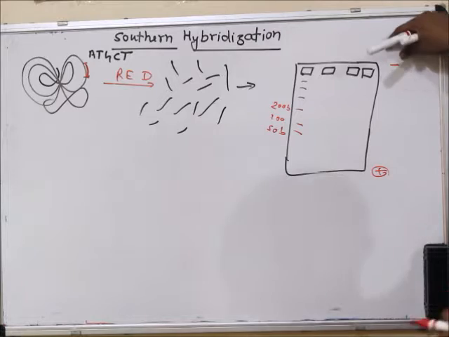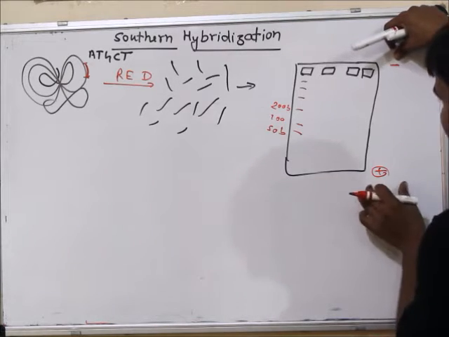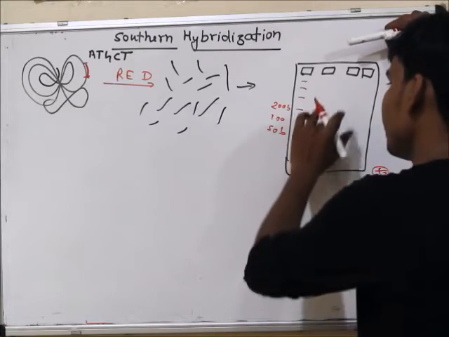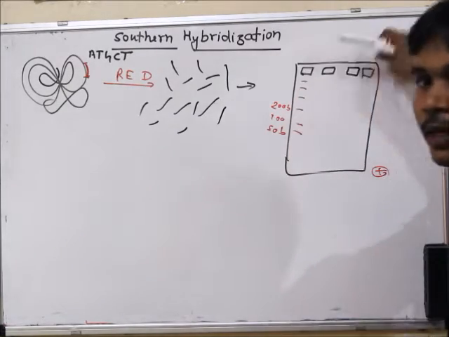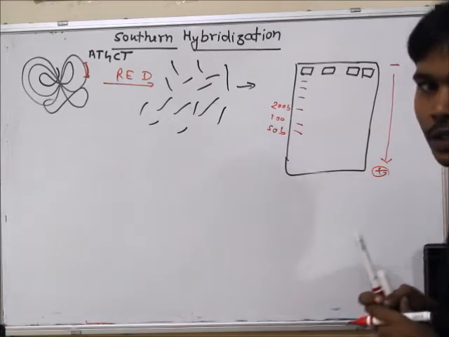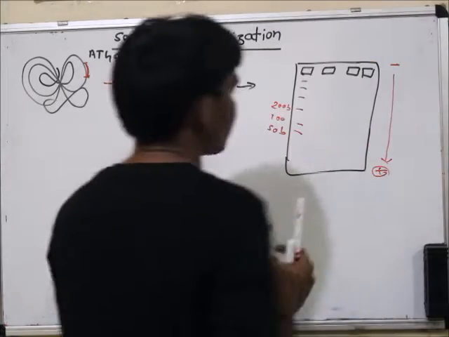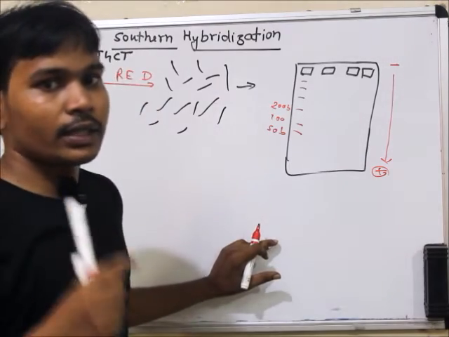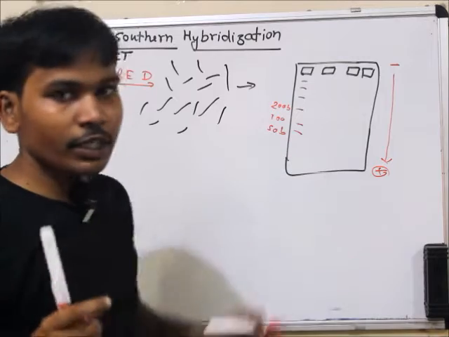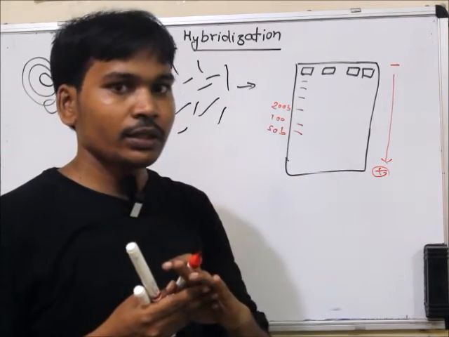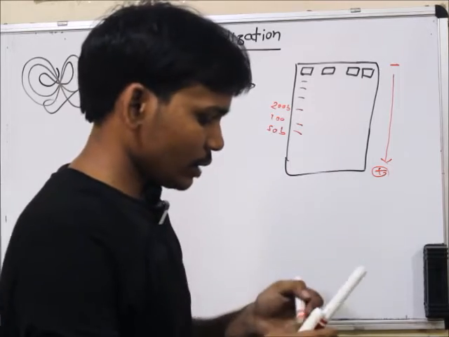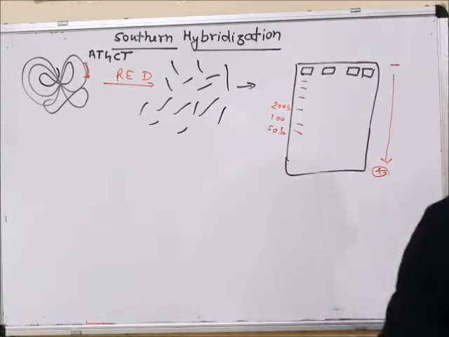DNA moves from negative to positive because phosphate groups are present in the DNA, so it moves in the lower direction. On the basis of size, the larger fragments remain near the top and the smallest fragments move lower, forming bands.